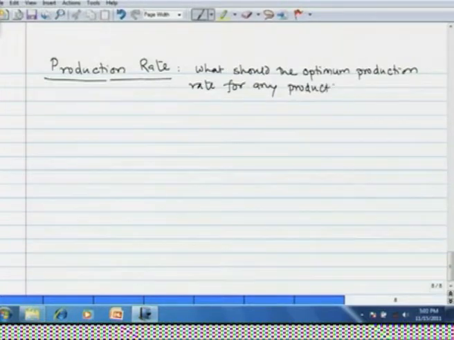Now, this is a crucial factor in process design, which is influenced by many parameters. The first parameter is whether the product is an entirely new product or several similar products are already in the market.